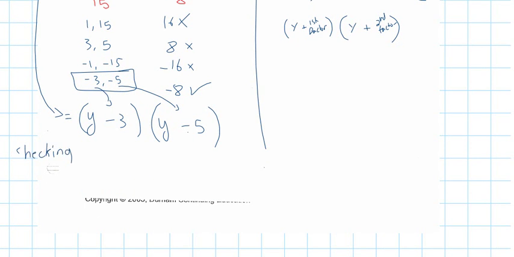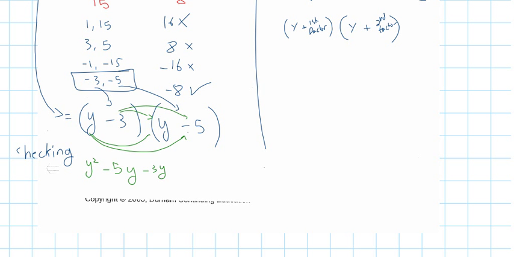Okay? So let's check. So I'm going to multiply this by this. That gives me y squared. Y times y is y squared. You guys agree? What's y times negative 5? Now, what's negative 3 times y? And what's negative 3 times negative 5?